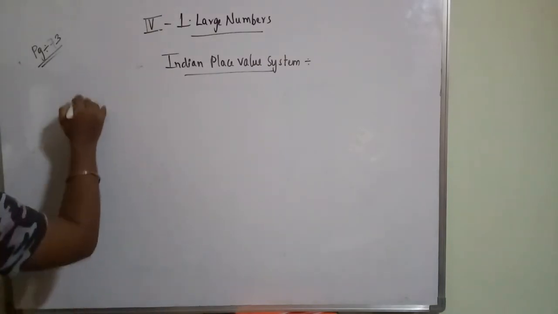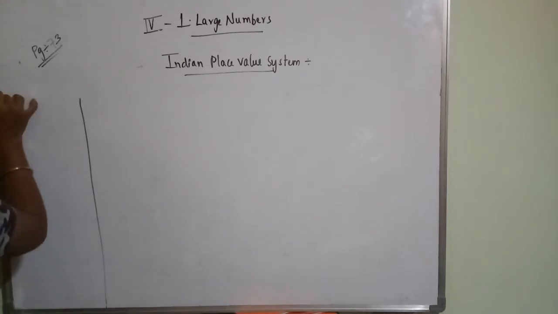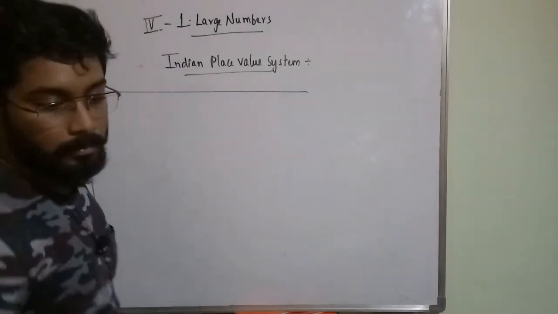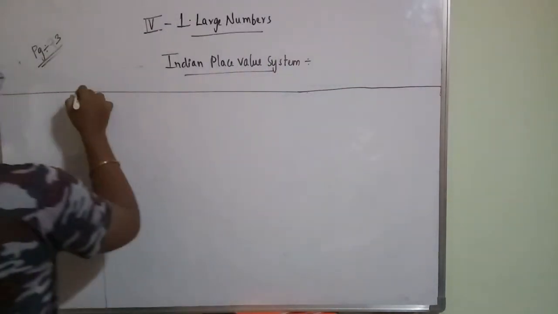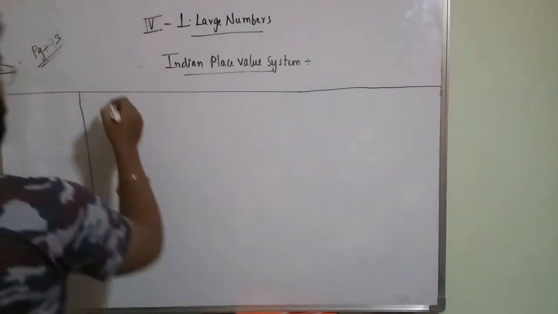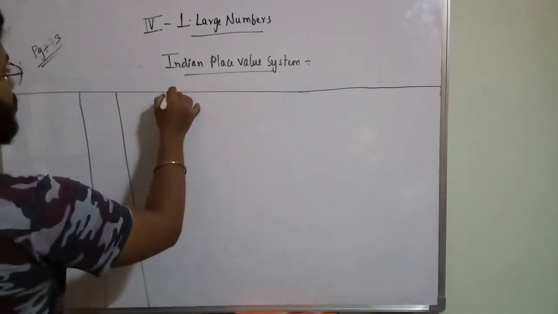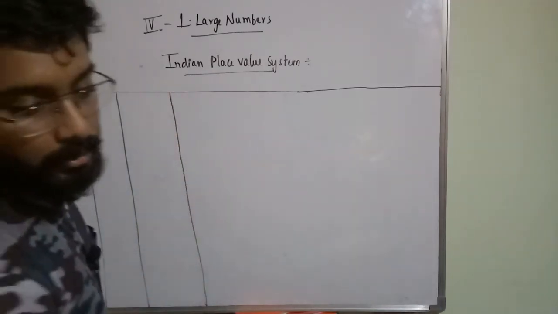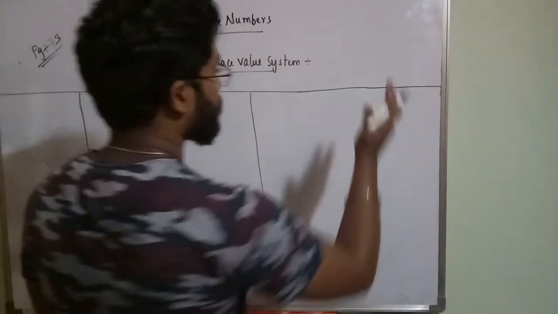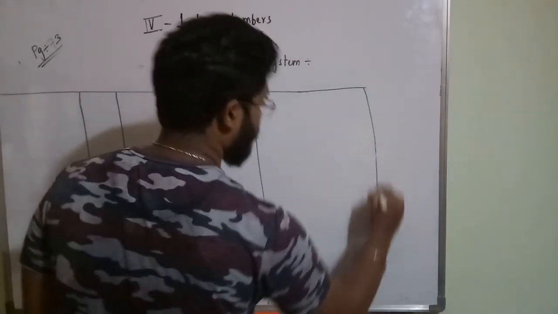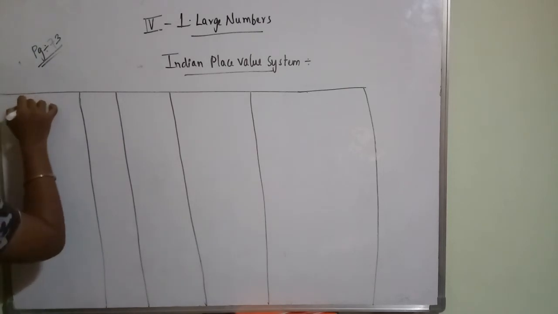So here this is lakhs, thousands, and next ones. Okay, so this is about the Indian place value system. So these are periods.